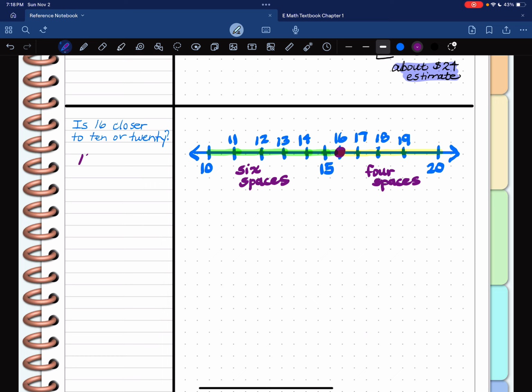I would say that 16 is closer to 20. That's an estimate. 16 is the exact number. 20 would be the estimate. It's the nearest 10 that we could go to.